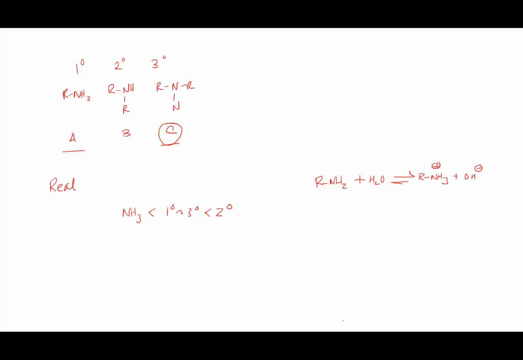Okay, so reactions to make amines. How do we make an amine? SN2. Let's say I take something like ethyl chloride, I react it with ammonia, the ammonia comes in, kicks off the chlorine, and I end up making an ammonium, and then the chloride hangs out as a counterion.